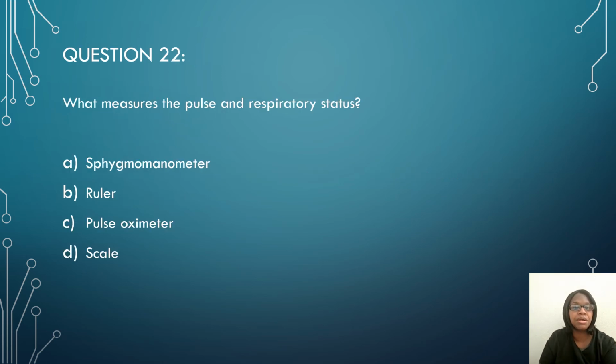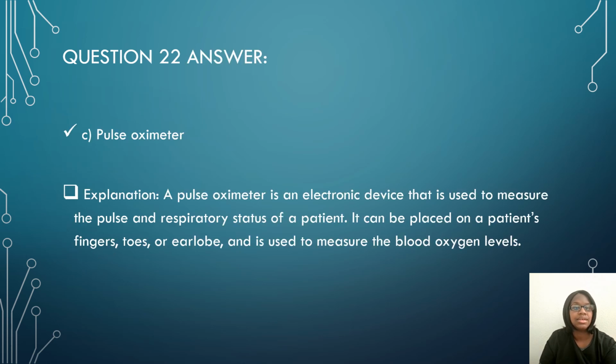What measures the pulse and respiratory status? What instrument is used? Pulse oximeter.